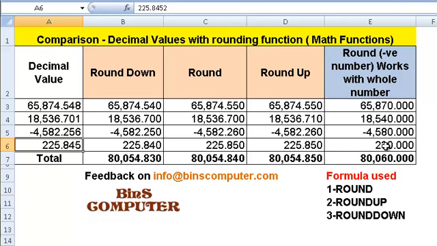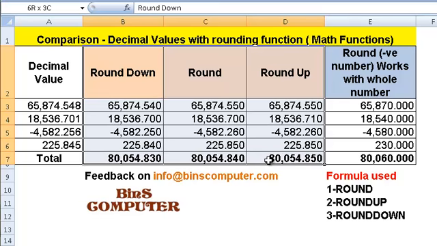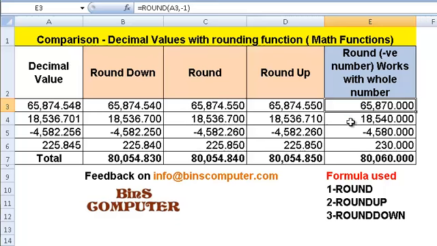So the second place, the tens place, is rounded off depending upon the scenario. So these three functions, round down, round and round up, are used to convert the decimal values, and the round function is going to use the minus sign in the number of digits to round off the integer values, which is left hand side rounding off.